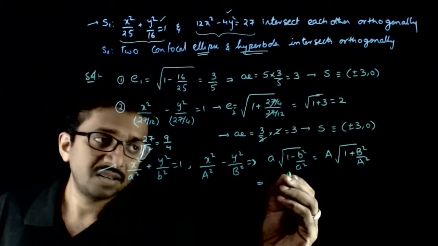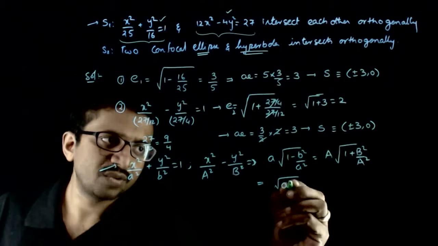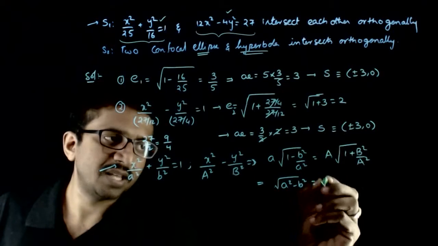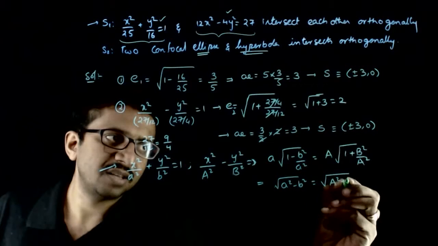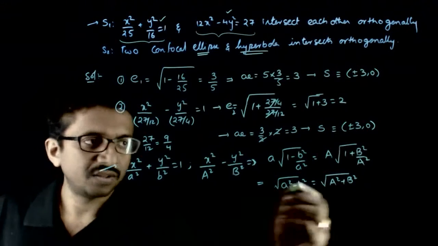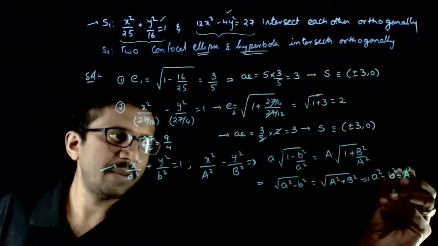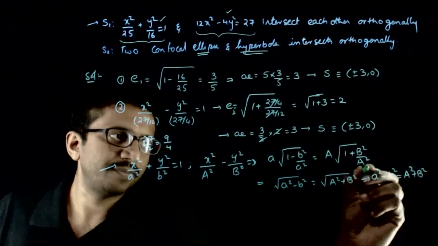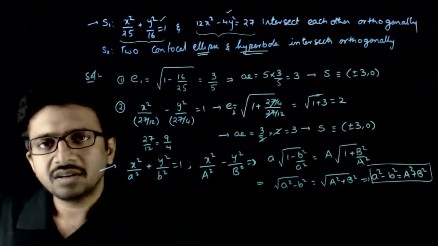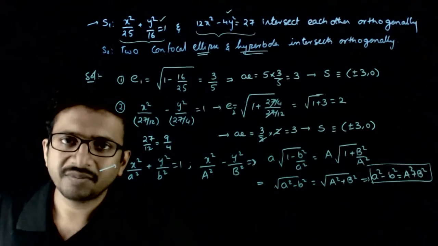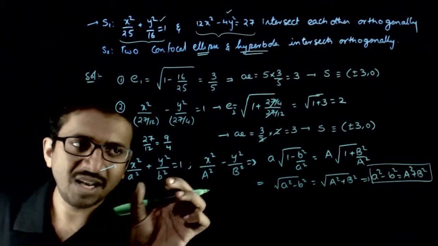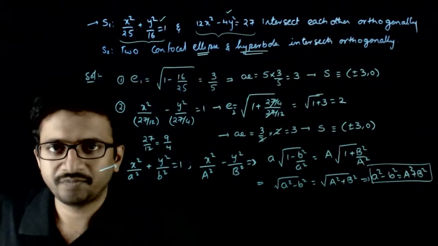That means root of a square minus b square is same as root of capital A square plus capital B square. If you square it on both sides, a square minus b square is equal to capital A square plus capital B square. So this is the condition which ensures that both this ellipse and this hyperbola are confocal.